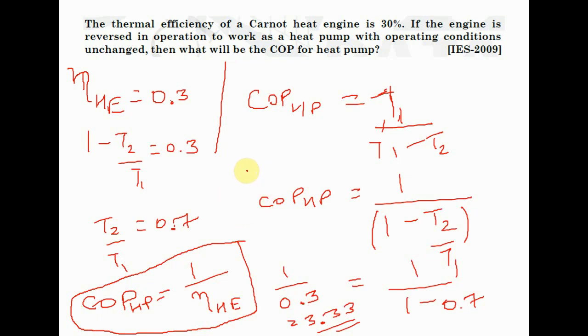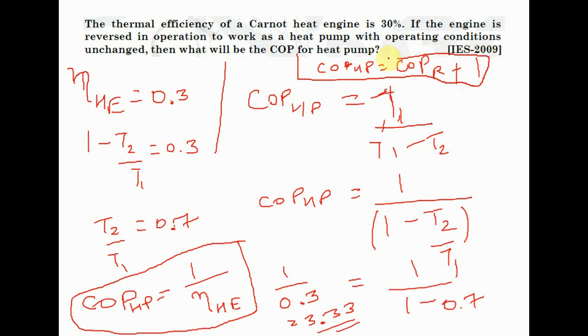And another equation that we have is COP of heat pump minus 1 is equal to COP of refrigerator. So COP of refrigerator, if they would have asked, then directly if you do minus 1, you will get 2.33, because that equation is COP of heat pump equal to COP of refrigerator plus 1.